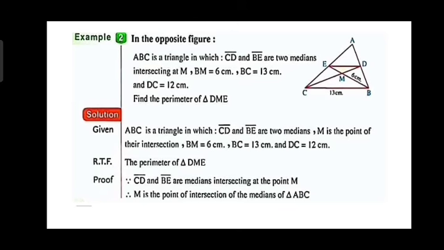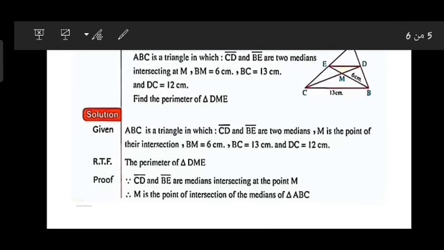In step 1, we know how to solve this with this method. We must have the given and the required to find and prove. Given: ABC is a triangle in which CD and BE are two medians, and M is the point of intersection.